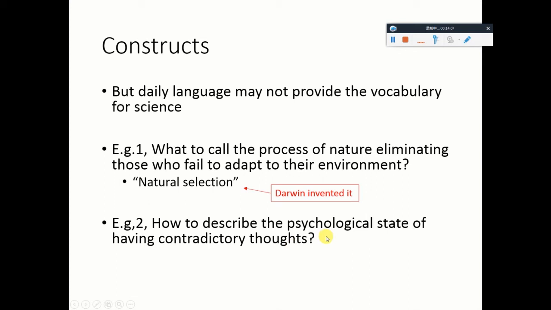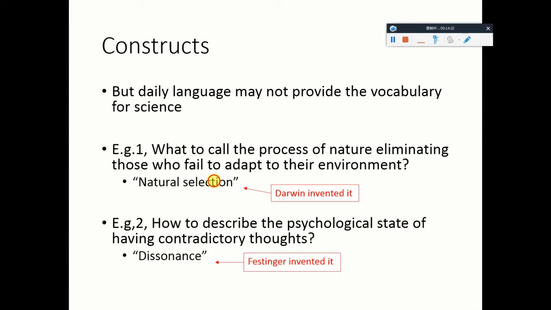So the question is, what is it, right? If you've taken psychology classes and even communication classes, I believe some professors might have talked about it, and that's dissonance, right? And dissonance is a concept that Leon Festinger invented.